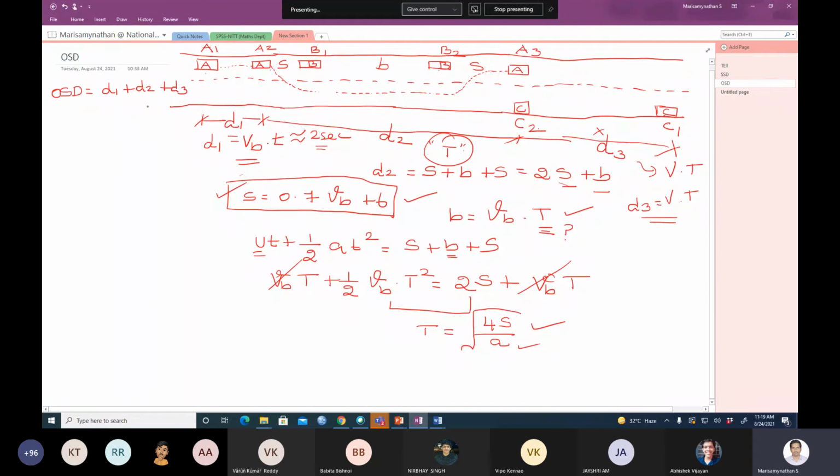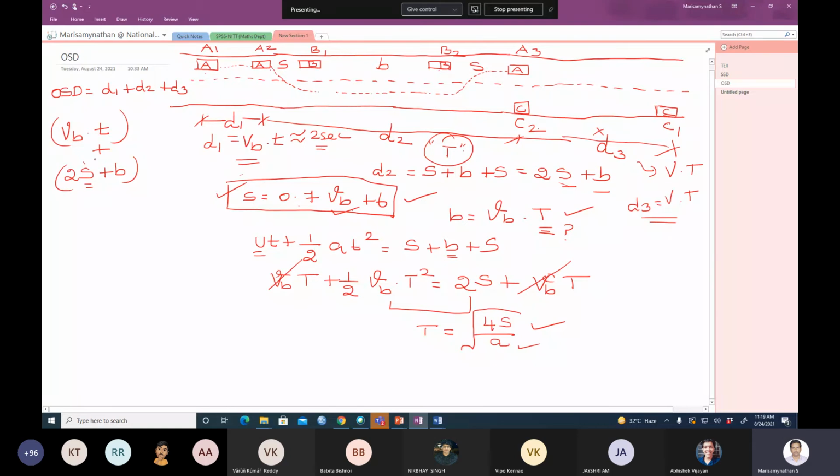Finally, what are the parameters we have estimated? D1 is nothing but VB into T, where T is the reaction time of 2 seconds. Then 2S plus B is your D2. In that, S is 0.7 into VB plus 6. When you apply the speed of vehicle B in this equation, you will get the S value.